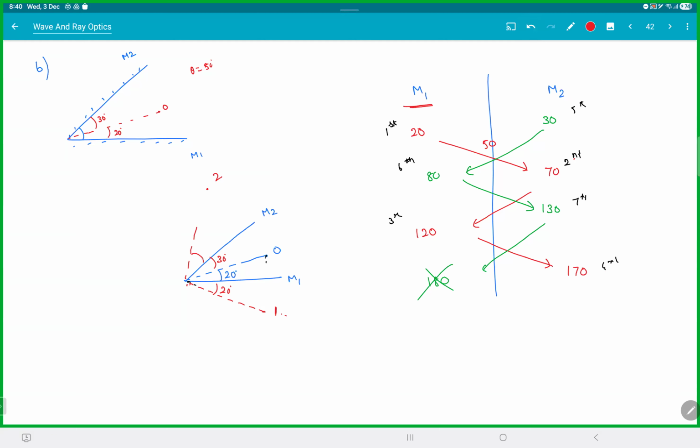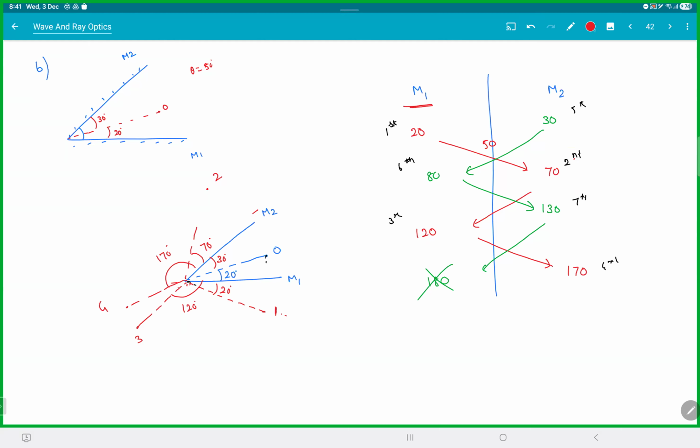Then image 2 is creating an image, third image, in mirror M1, 120 degrees from M1. That will be 3. So this angle will be 120. Then this third image is creating a fourth image in M2, which is making 170 degrees with M2. So from M2, 170 degrees. This will be 4, and this angle will be 170. Are you getting how to do this? That is how you keep getting angles.